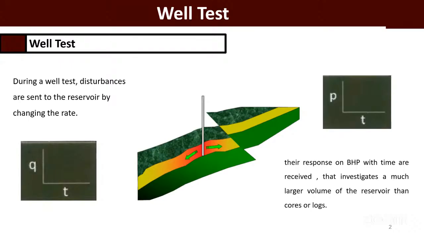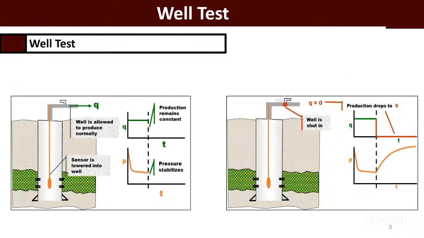So we have the bottom hole pressure that corresponds to these changes, and we investigate or get more information about a larger volume of reservoir, more than cores and logs. So basically, this is what we are going to do.